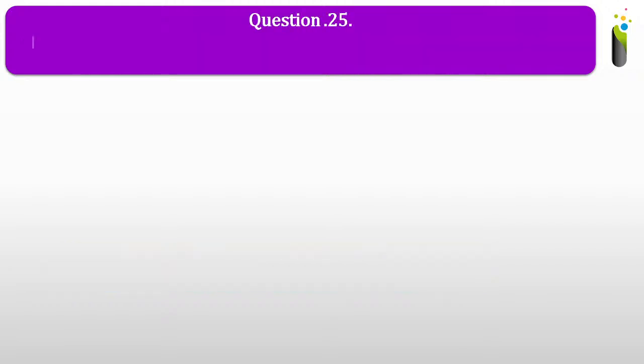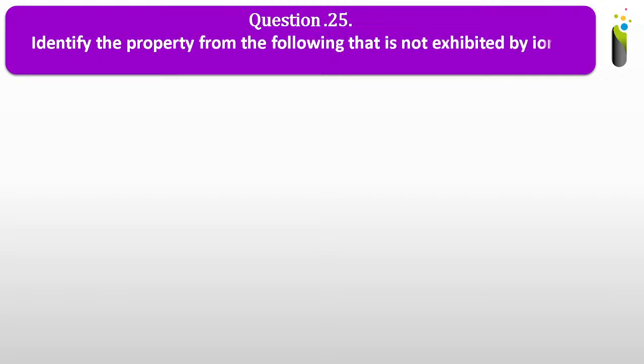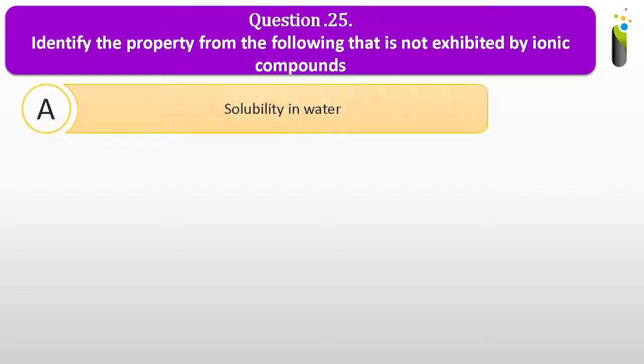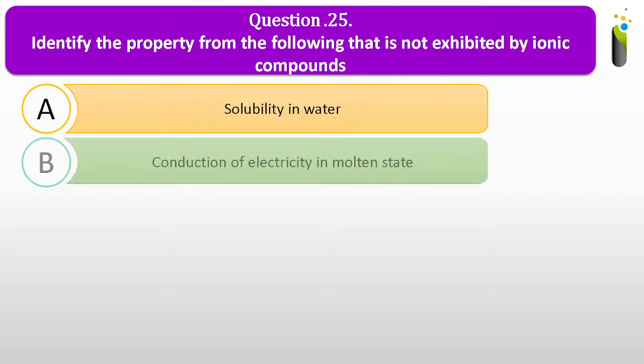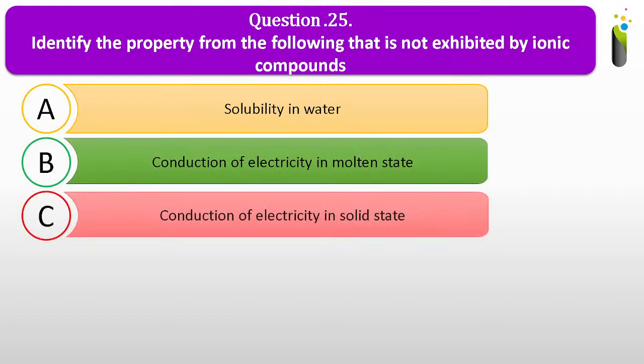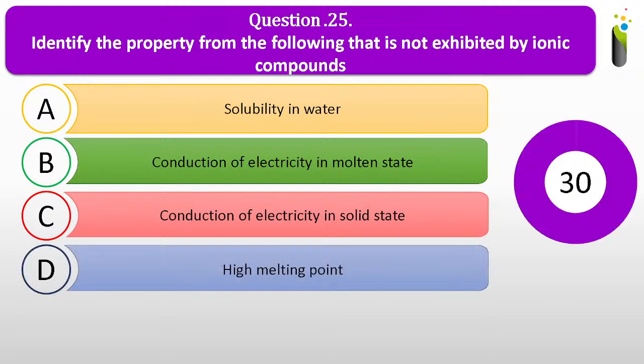Coming to the next question, number 25. Identify the property from the following that is not exhibited by ionic compounds. A. Solubility in water. B. Conduction of electricity in molten state. C. Conduction of electricity in solid state. D. High melting point.